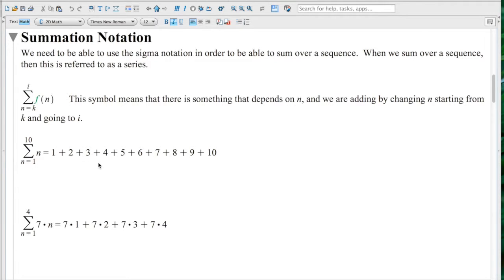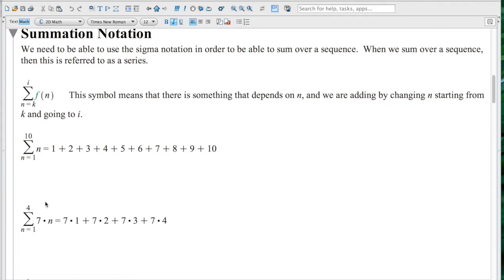Now take a quick second and sum these, so you can evaluate this. Here we have another function of n that we're summing over. So this one is 7 times n. We could have just written this as 7n, where n walks from 1 to 4.